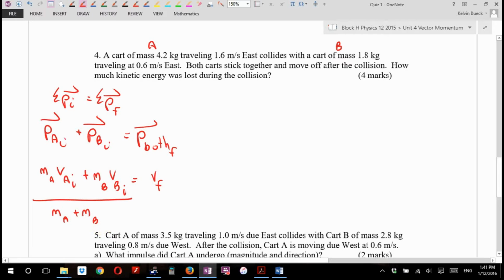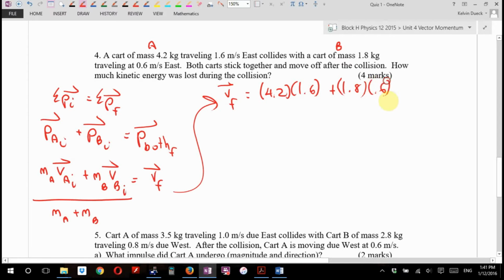I said, you know what, the mass of both is going to be MA plus MB, but I'm going to end up dividing anyway. Is that okay, Clay? Just always emphasize, remind myself, I better pay attention to rebounds and direction if there are any. I get the final speed after the collision is going to be 4.2 times 1.6 plus 1.8 times 0.6, all divided by 4.2 plus 1.8.